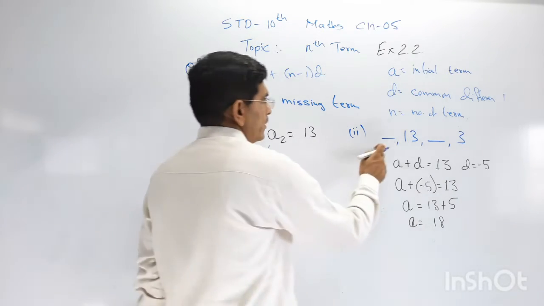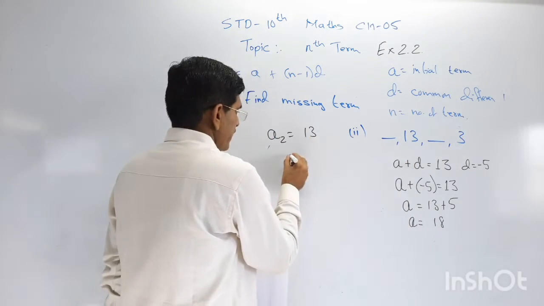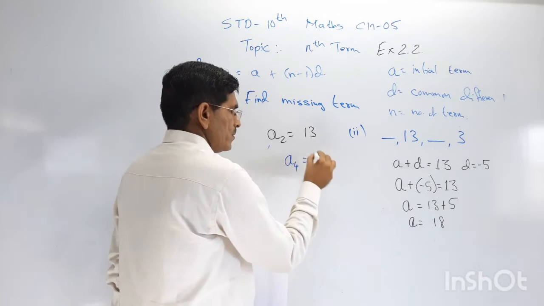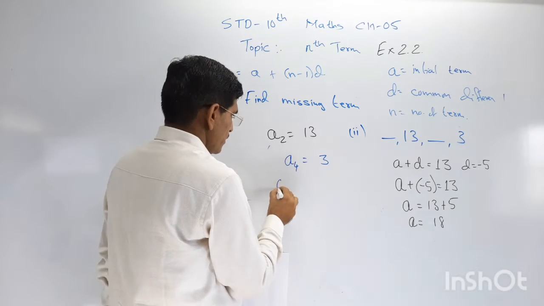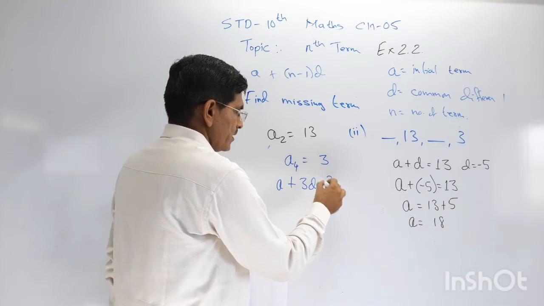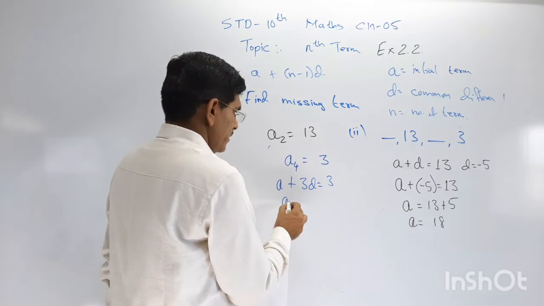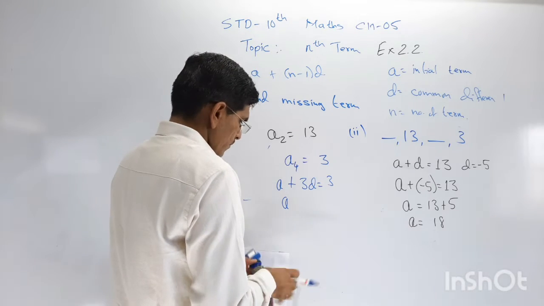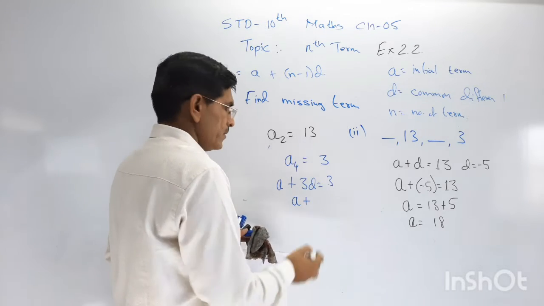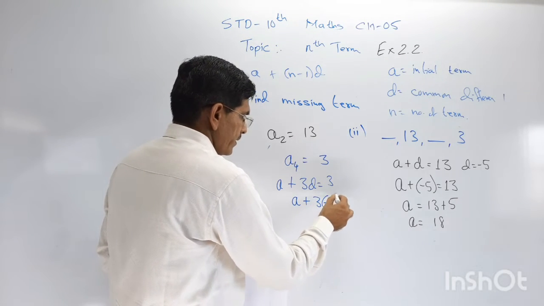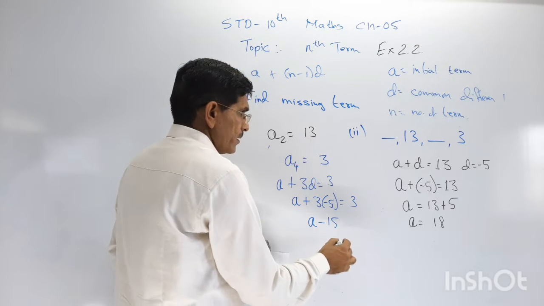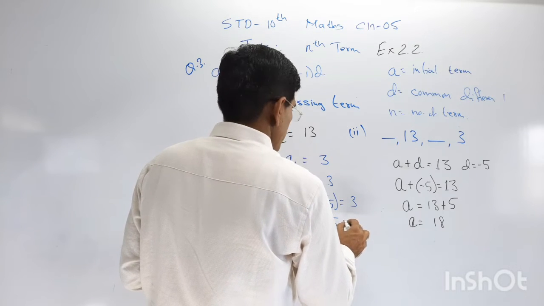Now for the 4th term, A4 is equal to 3. A4 means A plus 3D is equal to 3. So A plus 3 into minus 5, that is A minus 15, is equal to 3.